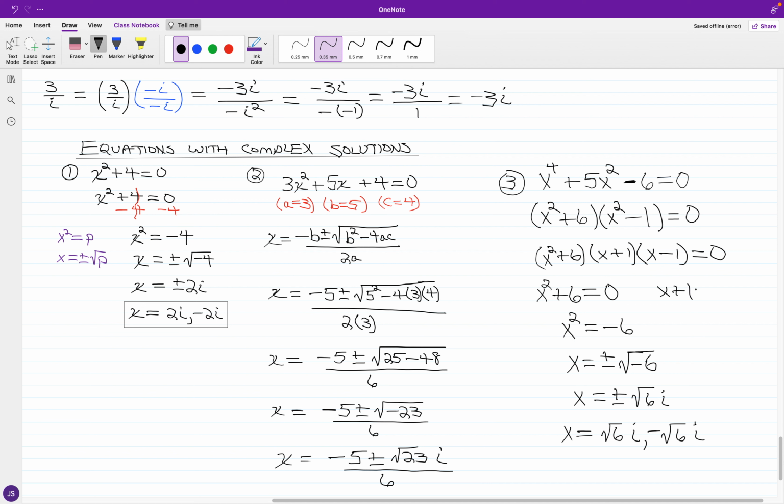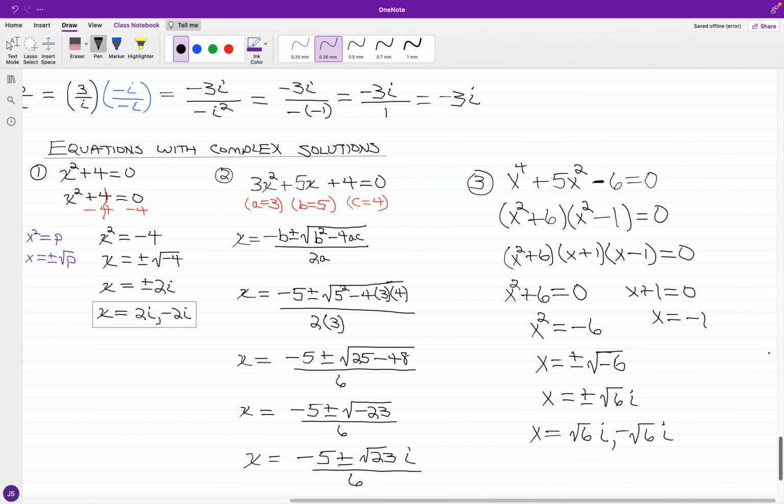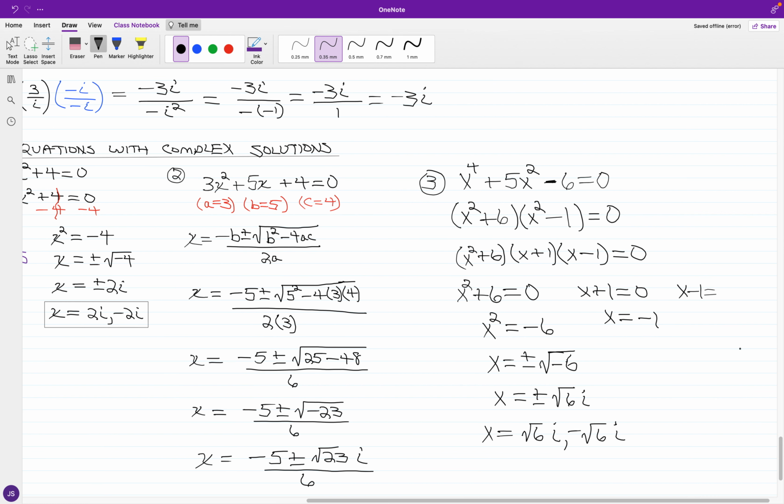And we have with the other factors, okay, so you have with x plus 1, so I have x plus 1 is equal to 0. And we have x is equal to negative 1. And we have with the other factor, okay, we have x minus 1 is equal to 0, whereupon we have that x is equal to 1.